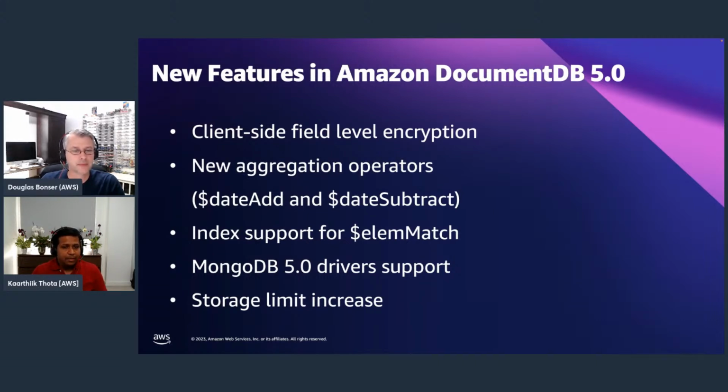Like if you have PII data in your collection and you want to encrypt only some part of it, such as email, phone number, or credit card, you can do that before you send it to the database, rather than encrypting the entire document.